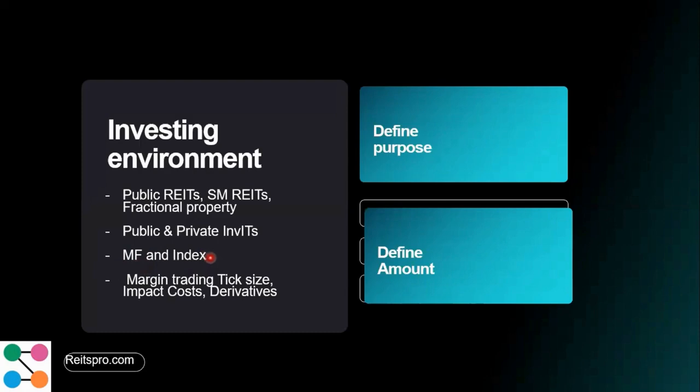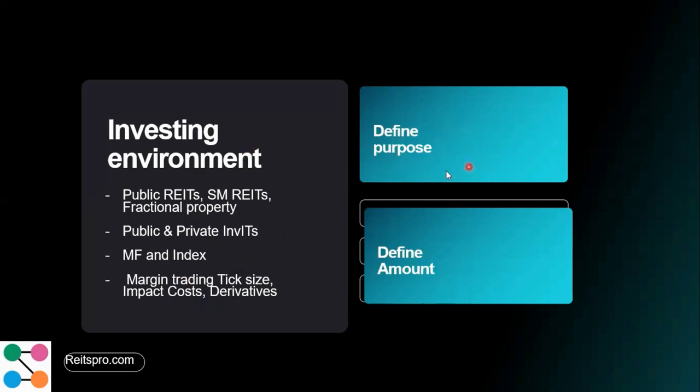Having said that, mutual funds today still have very little exposure in REITs and InvITs because the market capitalizations are not very huge. And because of this, there are things like higher impact costs, there are no derivatives, the tick size is a little unfavorable, and then there is no margin trading in this also.